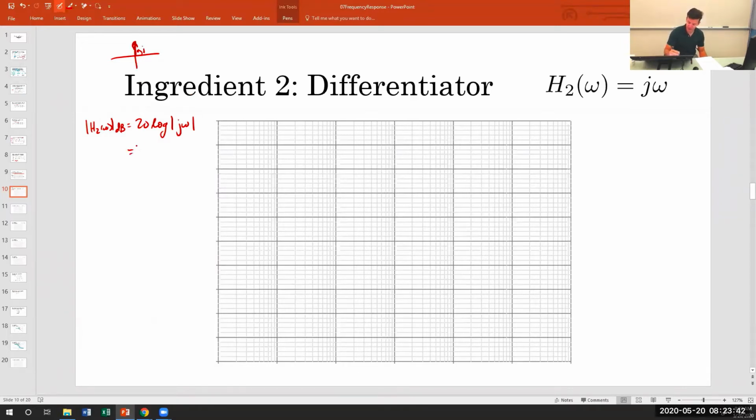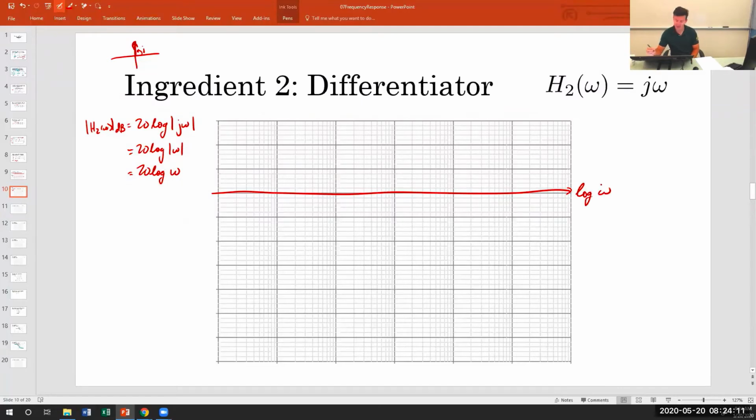So this is just the same as 20 log omega. And if we're only looking at positive omegas, then we can write this as 20 log omega without the bars. Okay. And we are looking at only positive omegas because we are plotting this against the log omega axis. And log omega is only well defined for positive omegas.